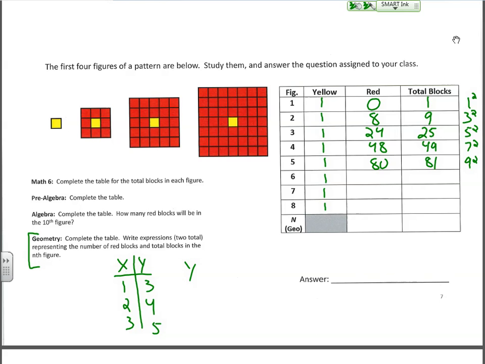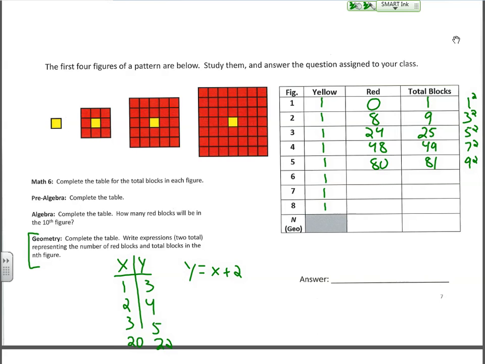And you would write that y equals x plus 2. Because that's the pattern. That's how we get from x to y. So if I asked you what the value for y is when x is 20, rather than having to continue this table all the way down to x equals 20, you can just take that 20, plug it into your equation here, and you would get, oh, y is 22. That's what I'm asking you to do here.